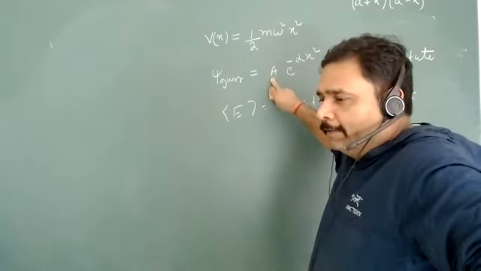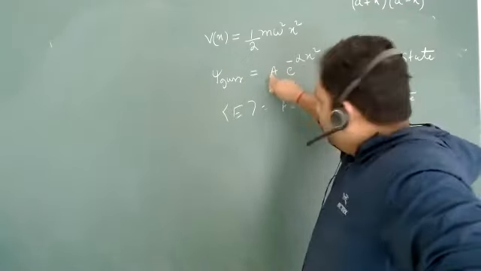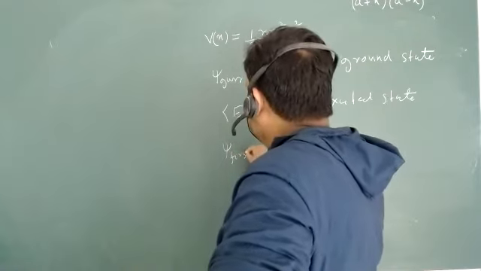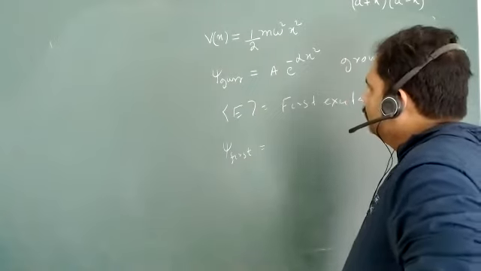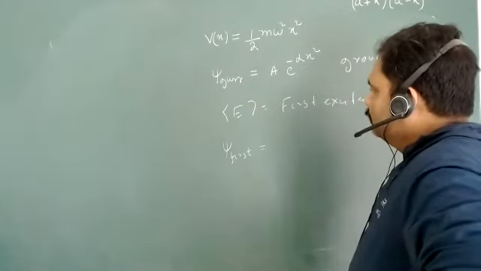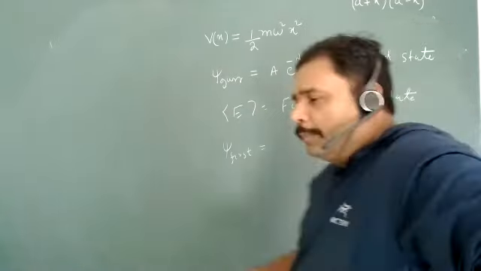Are you getting my point? So what should be the guess of the first excited state? What should be the properties? What should be the relationship between the ground state and the first excited state?